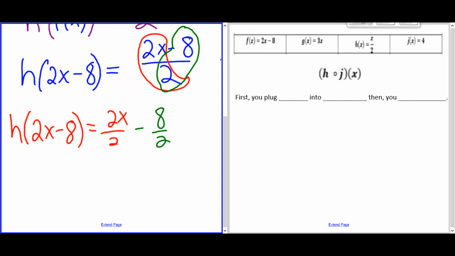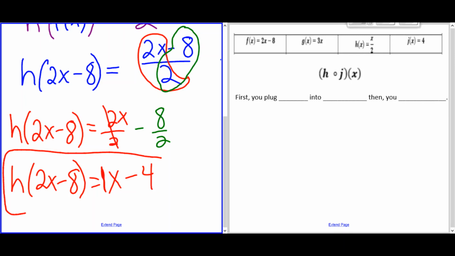So h of 2x minus 8 equals, those 2's cancel, so you get x. Or if you like, you can show it, it's 1x. And then 8 divided by 2 is 4, so this is 1x minus 4. So again, you don't have to show the 1 in front of the x if you don't want to.